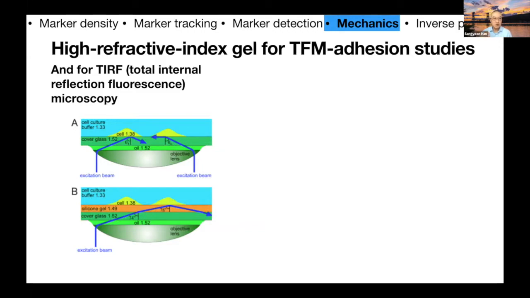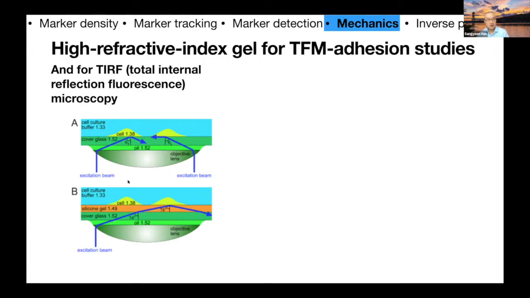In the normal case, when we use total internal reflection, we use only a cover glass that has a refractive index of 1.52. Since the cell and cell culture buffer have a much lower refractive index, total internal reflection happens at the interface between the cell and the glass.